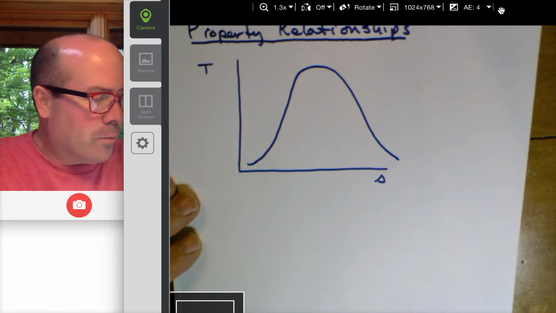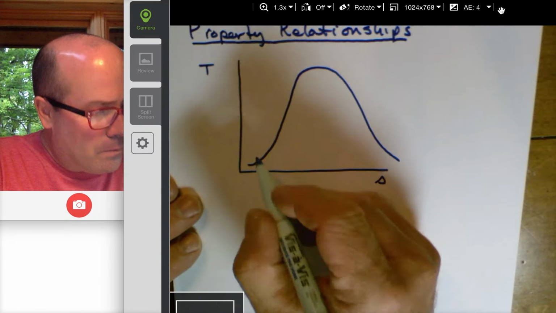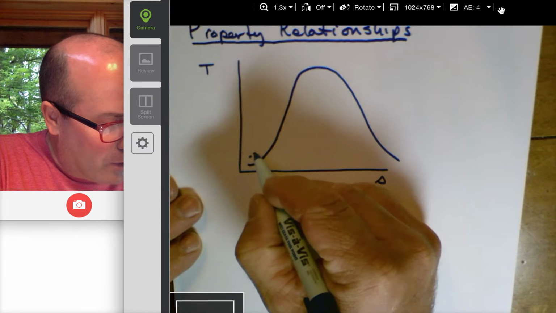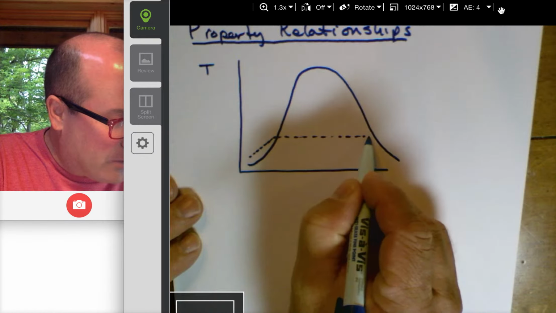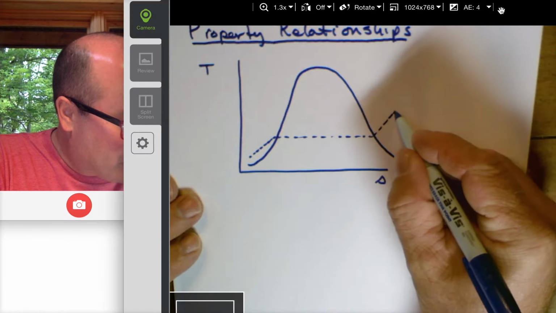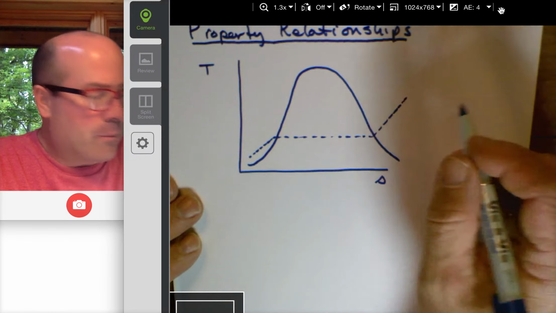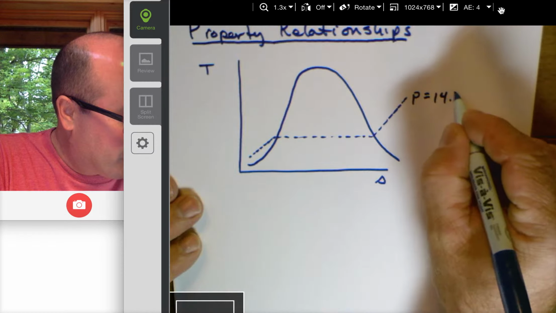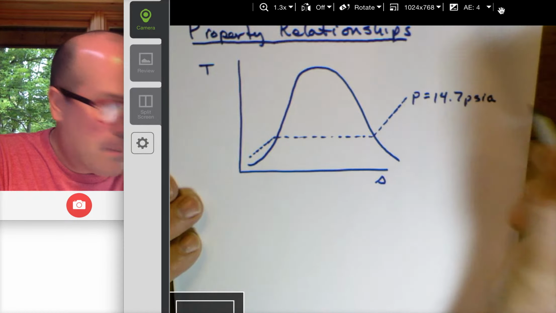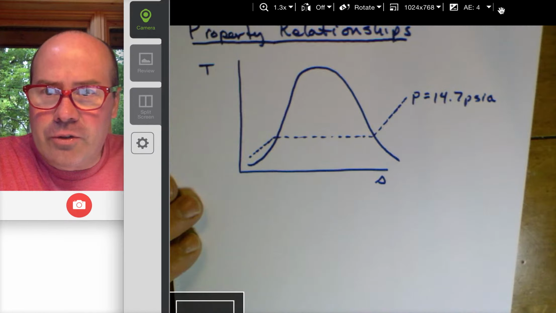The vapor dome. Now, I'm going to draw a line of constant pressure. So everywhere on this dashed line that I'm drawing, the pressure is the same. And I'm going to define this pressure as 14.7 psia. So I'm in English units.